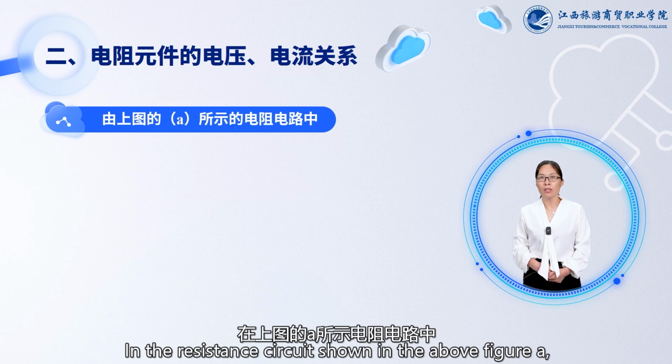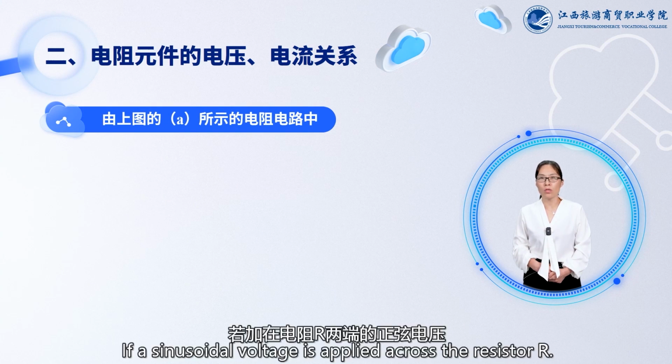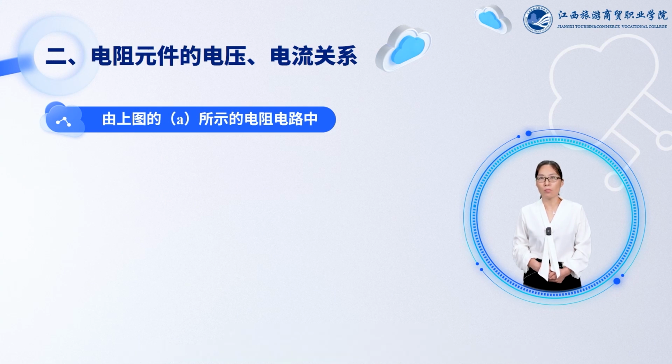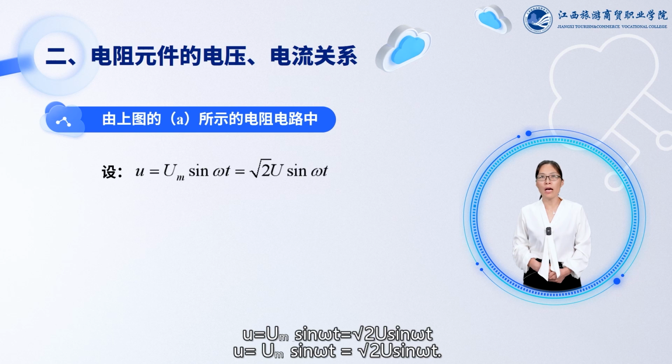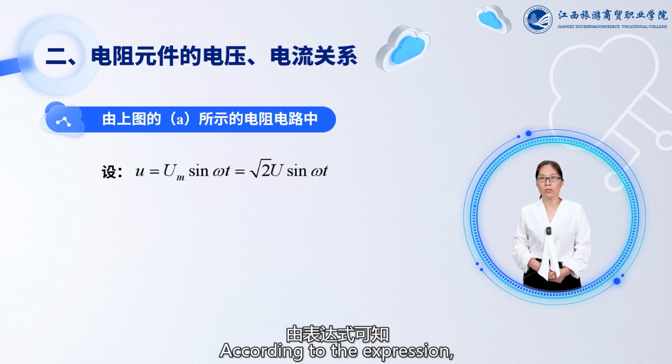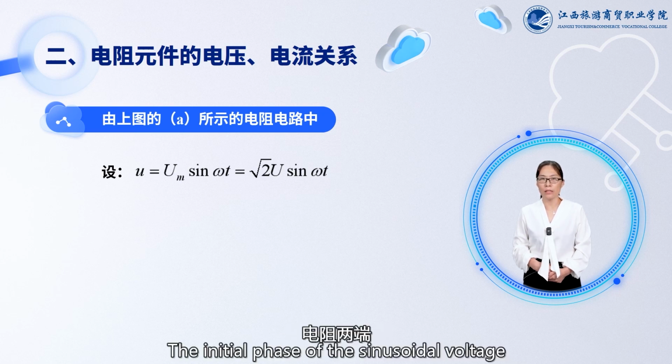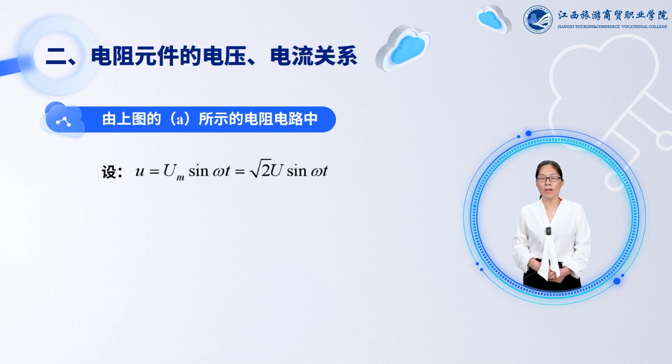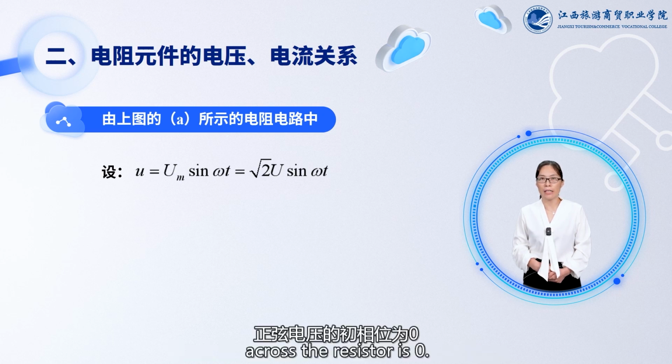In the resistance circuit shown in the above figure A, if the sinusoidal voltage is applied across the resistor R, u equals Um sine omega t equals root 2 times U sine omega t. According to the expression, the initial phase of the sinusoidal voltage across the resistor is 0.